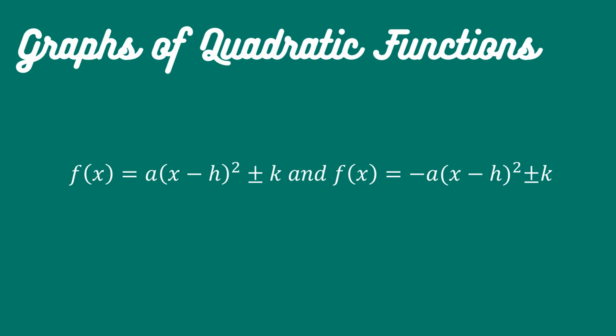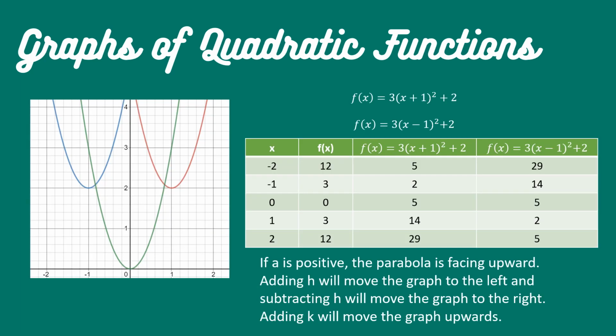For this one, we have f of x is equal to a times x minus h squared plus minus k, and f of x is equal to negative a times x minus h squared plus minus k. So ito, pinagsama-sama na natin lahat. And as you can see, this is the vertex form of the quadratic function. So, same logic pa din, adding h will move the graph to the left and subtracting h will move the graph to the right.